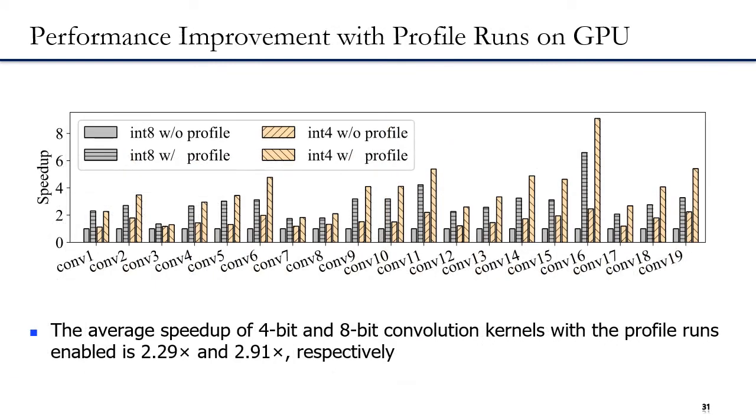This figure shows the performance improvement after using profile runs. The average speedup of 4-bit and 8-bit convolution kernels with the profile runs enabled is 2.29 times and 2.91 times, respectively.